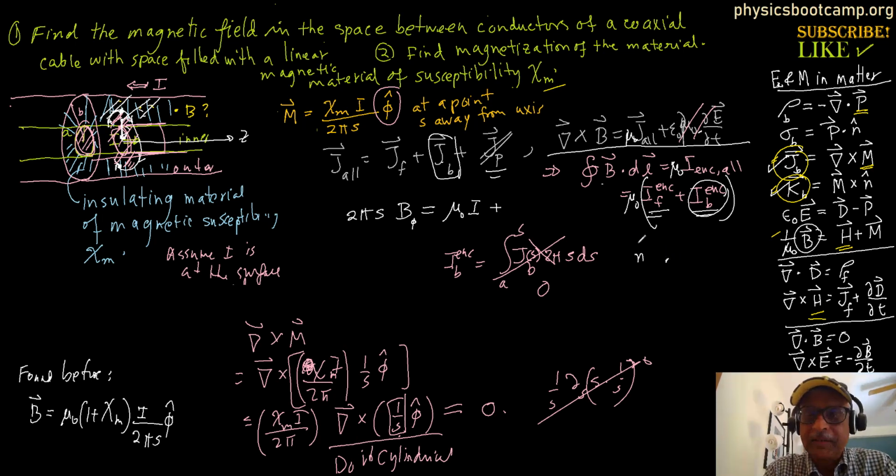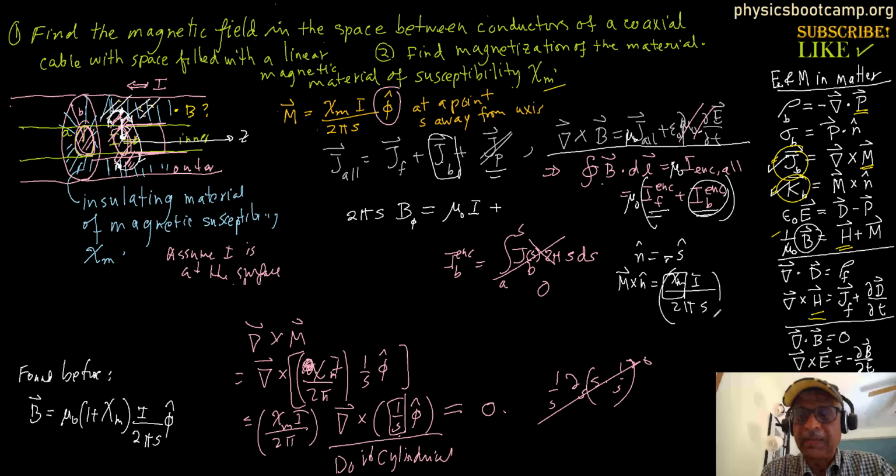So n hat is minus s hat, and we do M cross n hat, which will be chi m I over 2 pi s at s equal to a.